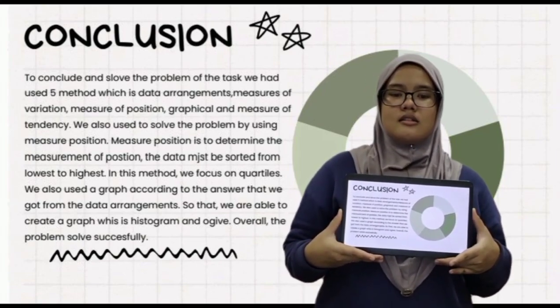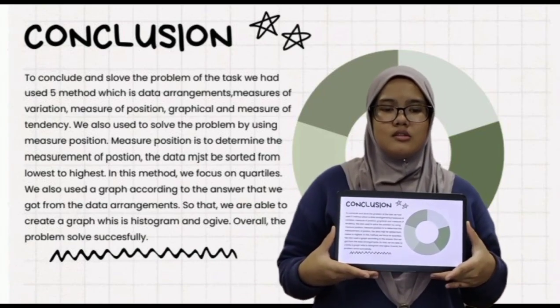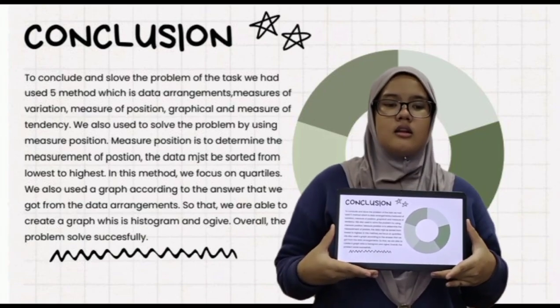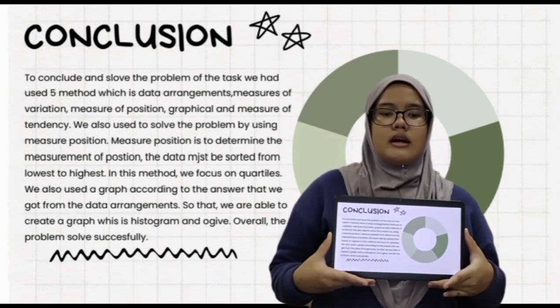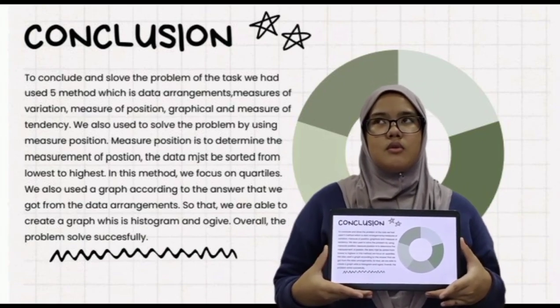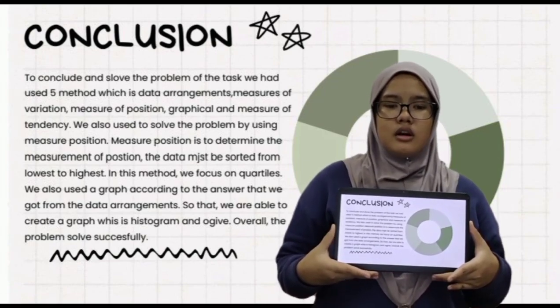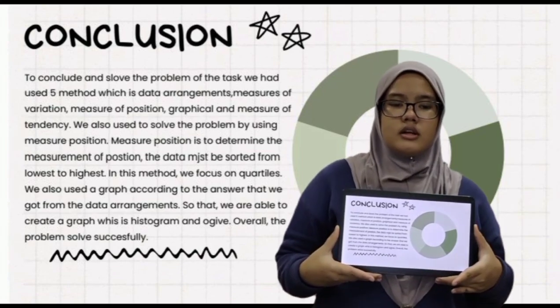The data must be sorted from lowest to highest. In this method, we focus on quantiles from the data so that we were able to create graphs which are histogram and ogive. Overall, the problem was solved.